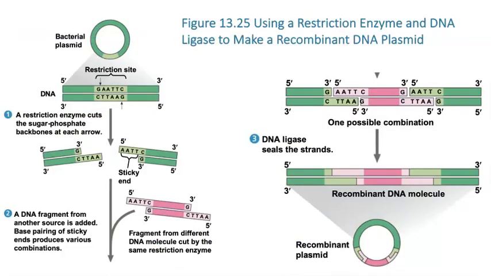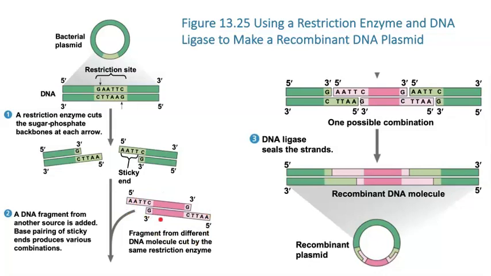So putting things all together, if I've got a plasmid, and in the middle of this plasmid I've got a restriction site, the restriction enzyme will cut that restriction site and reveal these sticky ends. When the sticky ends are revealed, if you have a fragment from a different source, right?